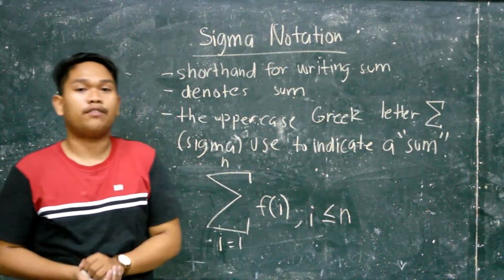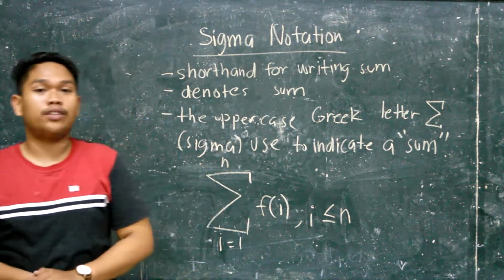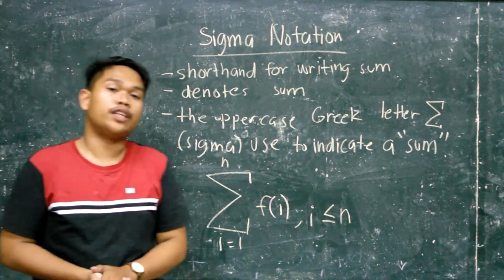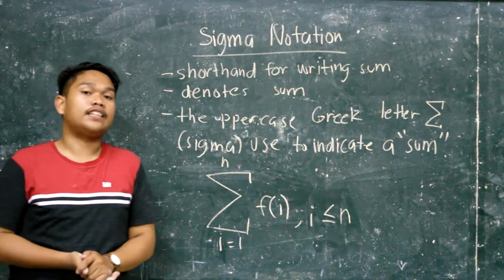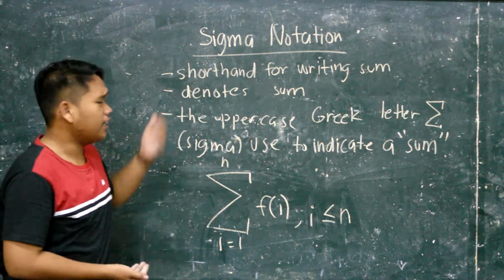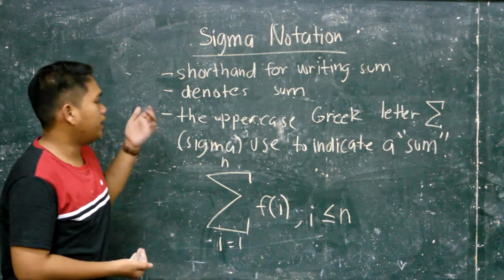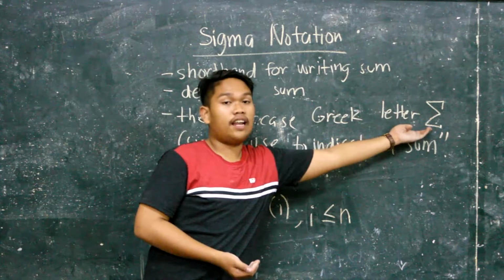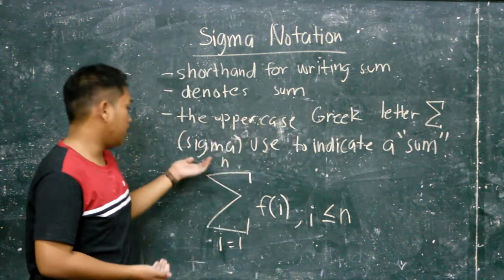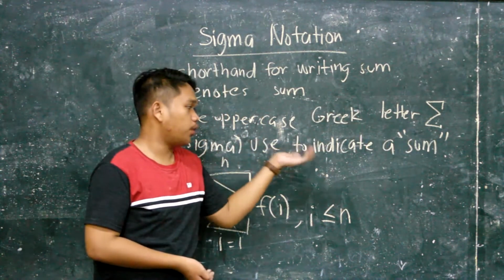Our next topic for today is all about sigma notation. So what is sigma notation? Sigma notation is a shorthand for writing sums. It denotes sum. So the uppercase Greek letter, which is called sigma, is used to indicate a sum.